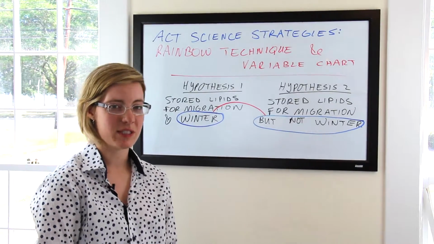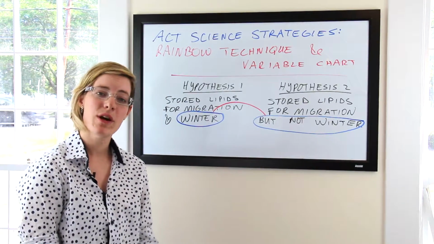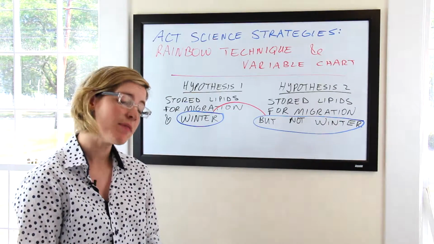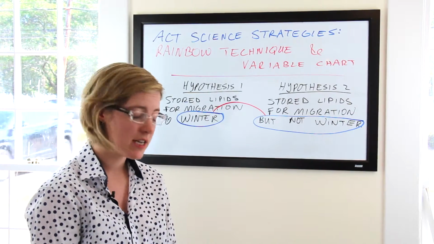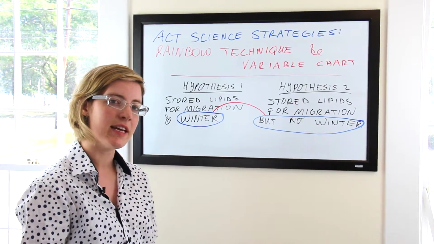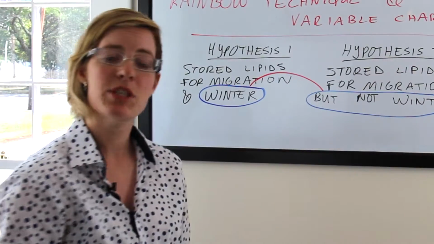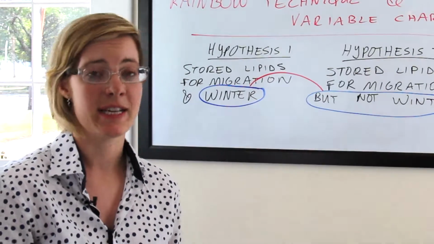This is a super simple technique, but you'll find that when you have a lot of information coming at you from a science passage, sometimes a full page of information, having a simple technique that you develop and practice, like this rainbow technique, helps your brain focus on what's important in the passage.